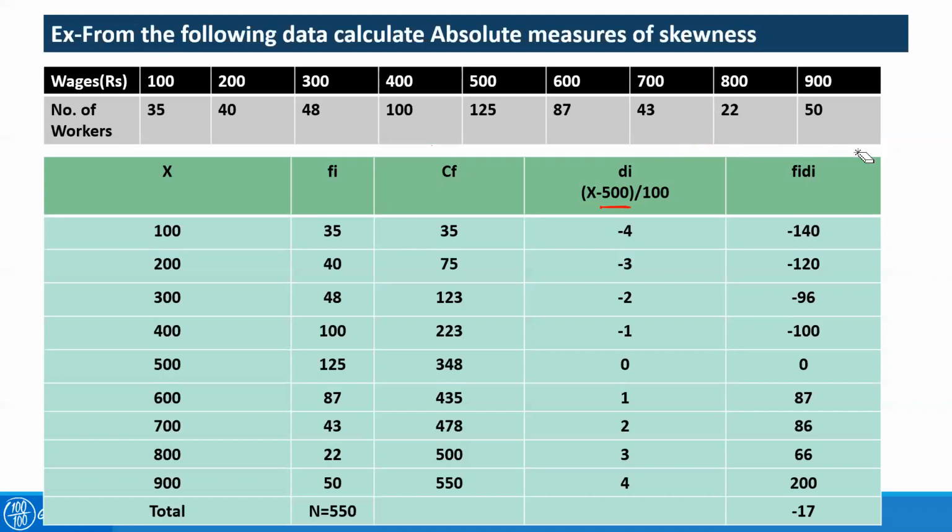I will just repeat once more: we take any random value of x as the assumed mean, so x minus 500 divided by 100. That is the number we are dividing by just to make the values small. So basically we are using the shortcut method, or the step deviation method, of calculating mean.